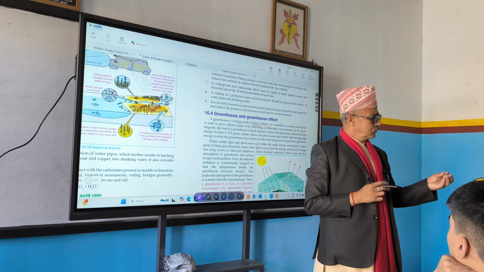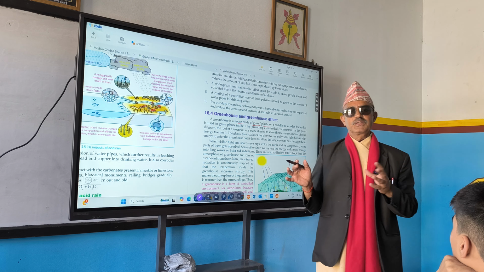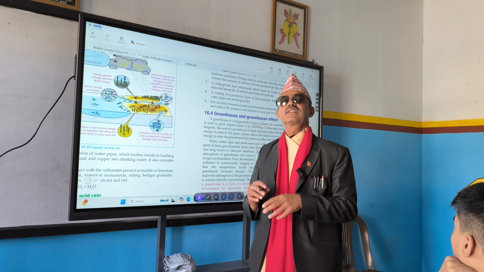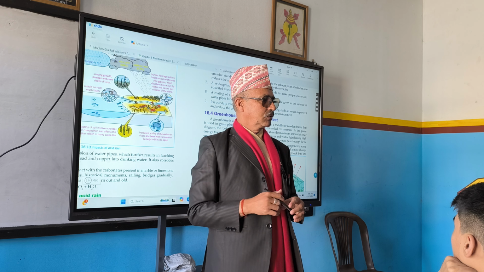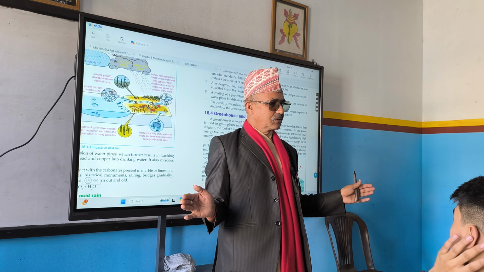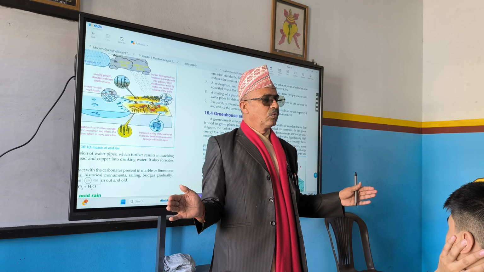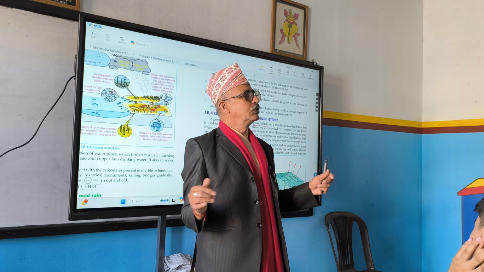They say tomato is produced in a tunnel, or cauliflower is produced in a tunnel. Do they say or not? Yes. A tunnel is also a kind of greenhouse. Its roof is made up of plastic, and the sides are also made up of plastic. Yes or no? Why is it used?